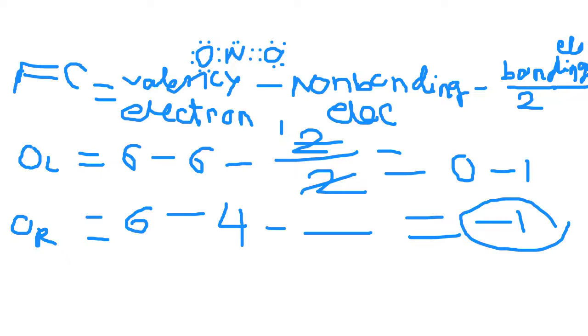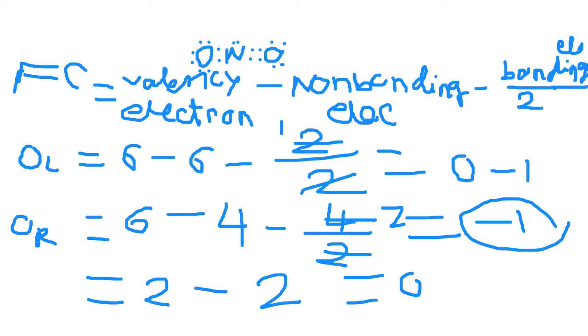Now can you tell, in the case of the right oxygen, how many electrons participate in making a bond? 4 electrons here, correct? So we write the 4 bonding electrons divided by 2. Then what is coming here? 6 minus 4 equals 2, and 2. So 2 minus 2 equals 0. Got it? 0 we don't need to write. If you have a question, let me know first, because if we clear one, then we can do all the practice.